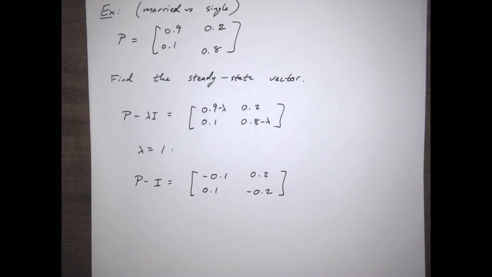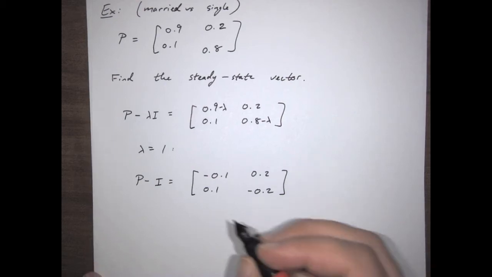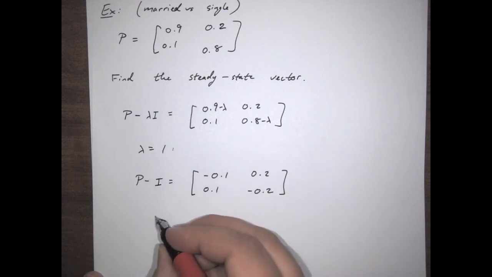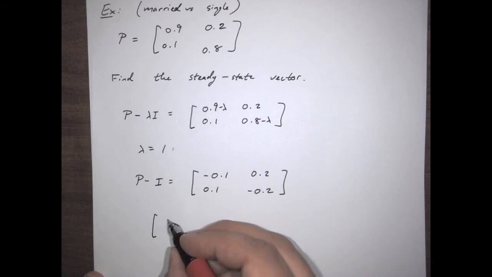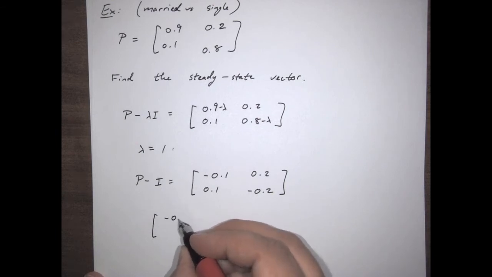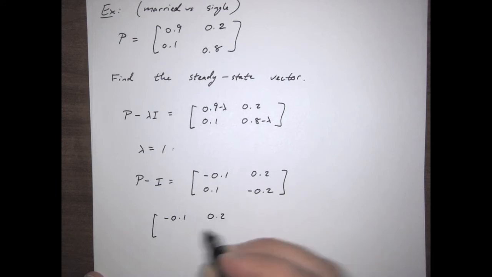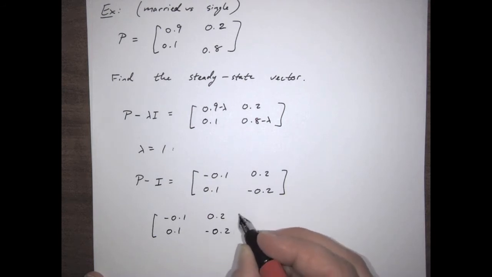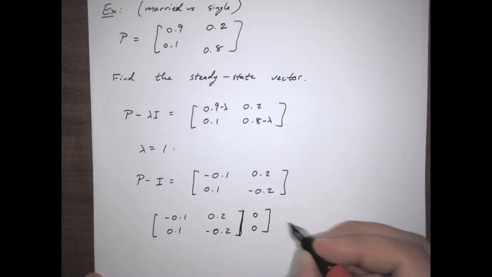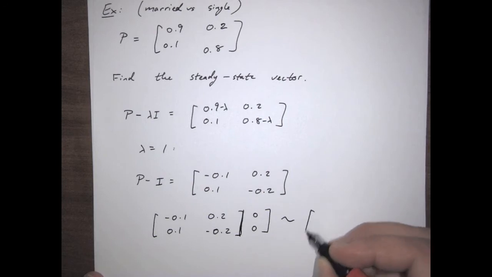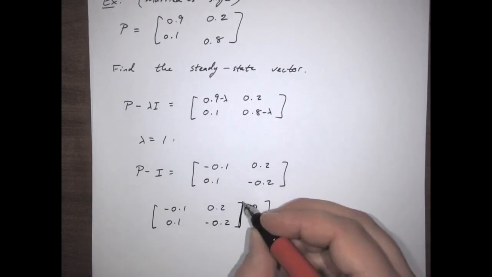Now it's clear here that this is going to row reduce to a row of zeros, and we can see pretty easily where this would be going. So if we want to augment it with zeros, negative 0.1, 0.2, 0.1, negative 0.2, we could scale both of these by a factor of 10.